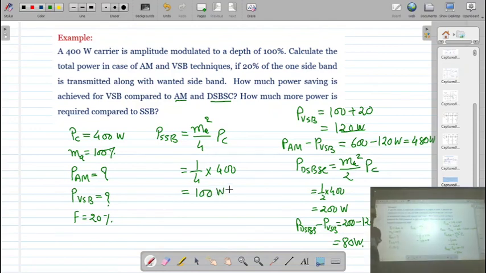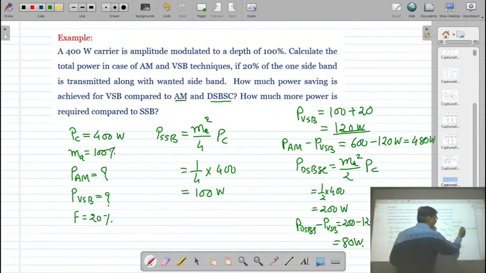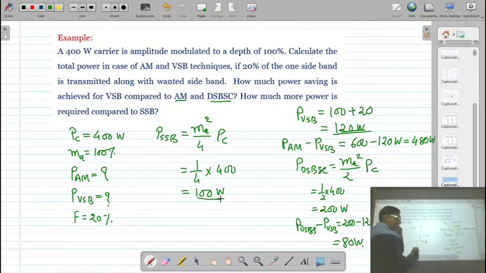But what is your question? How much more power is required compared to SSB. So in VSB we require the power of 120 watt. SSB requires 100 watt.